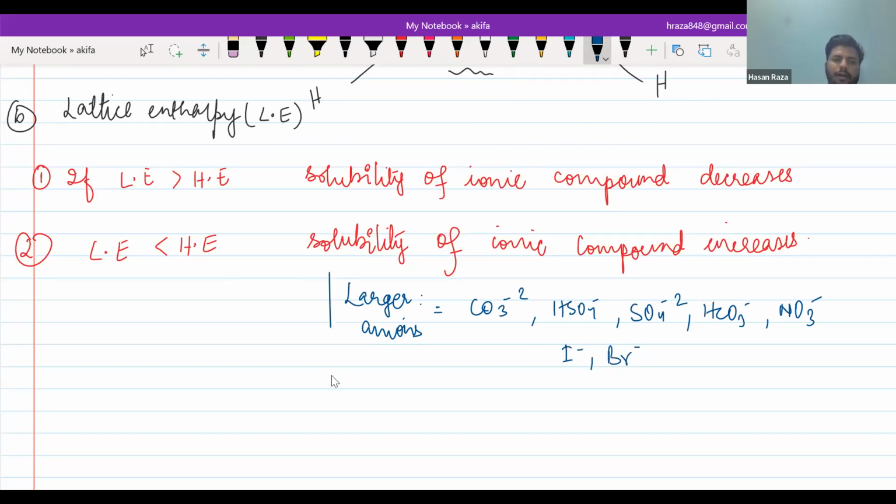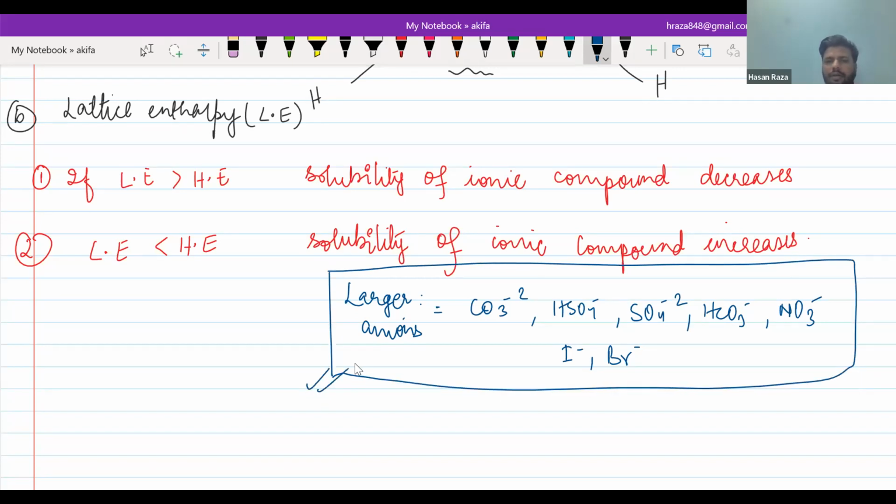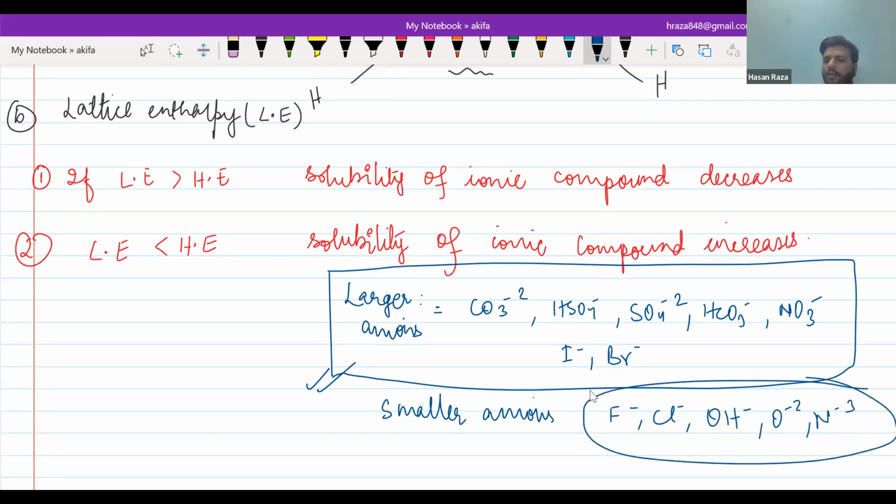All of these we consider as larger anions. When we talk about smaller anions, they will be like F minus, Cl minus, OH minus, O minus 2, N minus 3. These are all smaller anions. Is that clear? Yes.